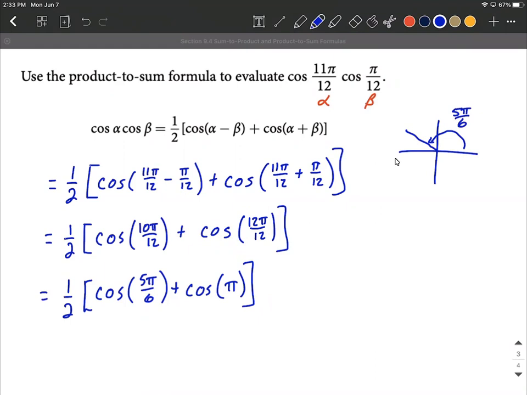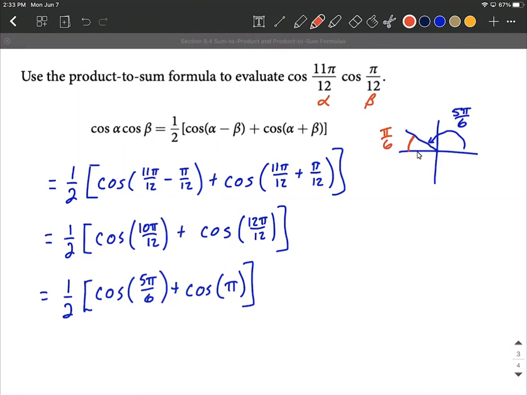And then I would identify our reference angle is the angle drawn from that one to the x-axis. We can hopefully pretty easily at this point identify that's going to be another pi over 6. If it goes 5 pi over 6 this far around, we need another pi over 6 to complete the whole pi around the top half.